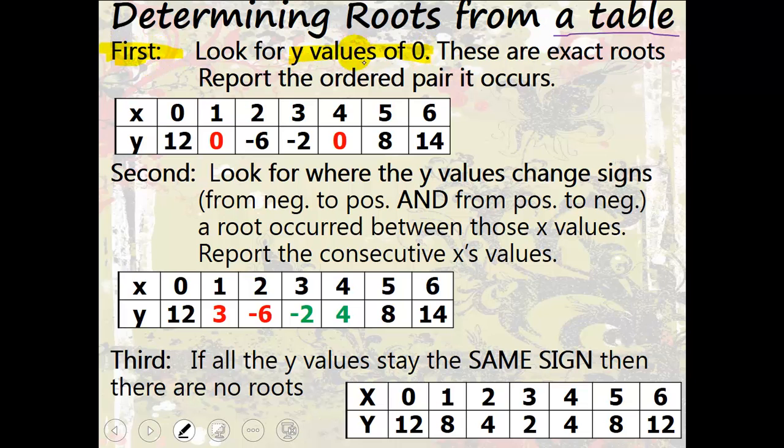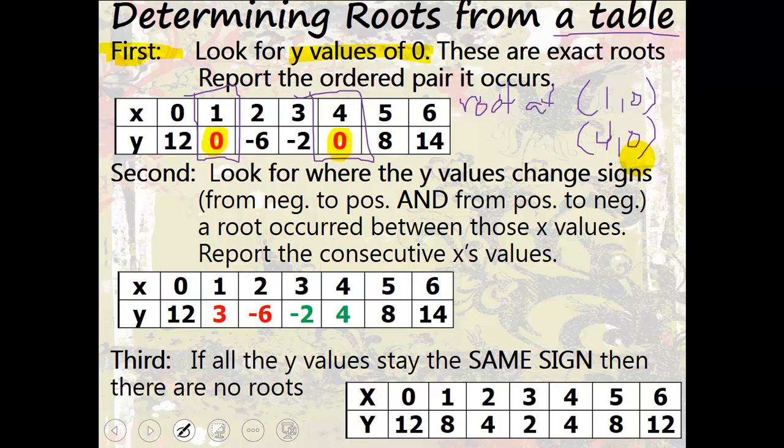So here is a 0 and here is a 0. These xy values are your roots. So we would have a root at 1, 0 and also at 4, 0. Those would be our exact roots.